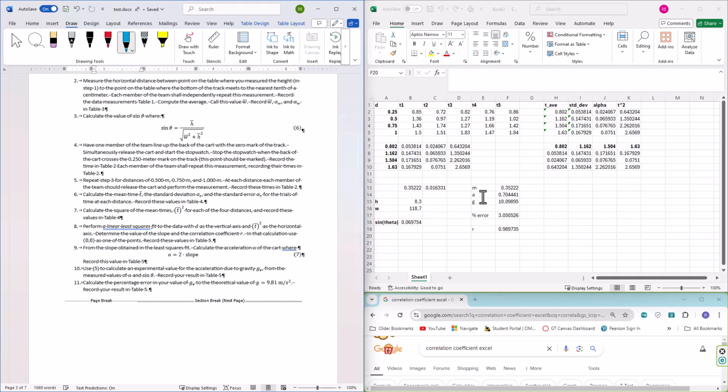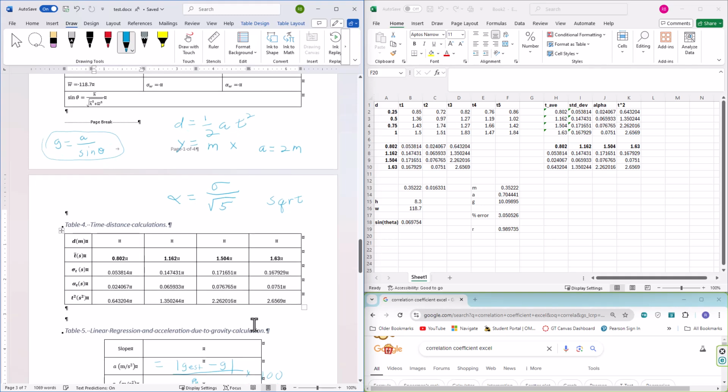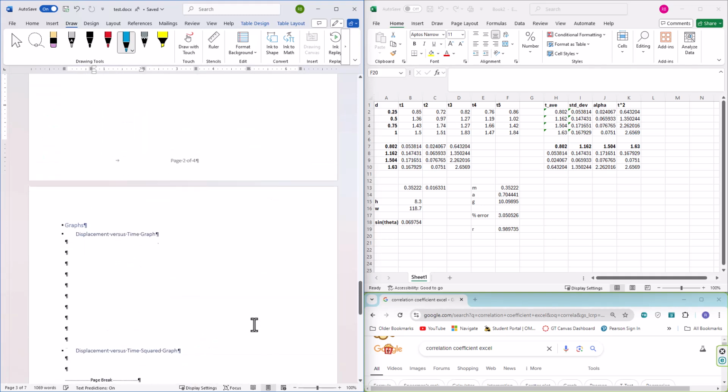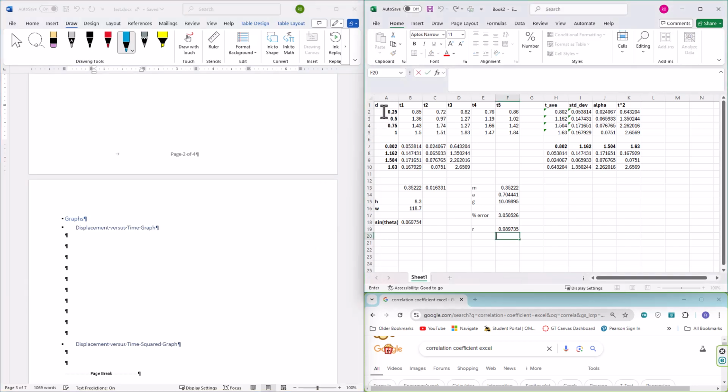Okay, so here it goes. For this particular graph, how can we do that? Well, the easiest thing, in my opinion, is first to take these values right here and copy them and just paste them to a column, like right here. And then take these values right here, copy them.